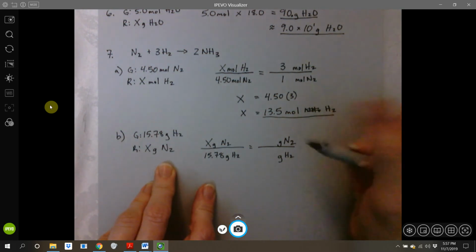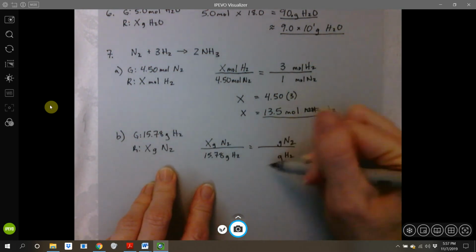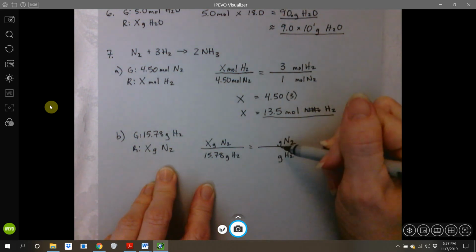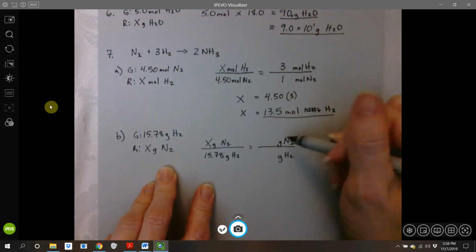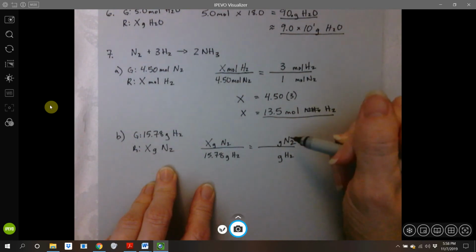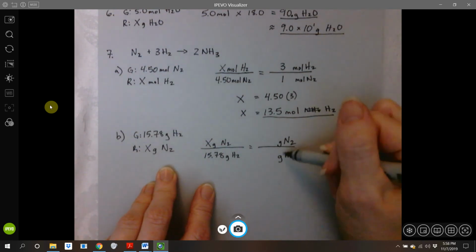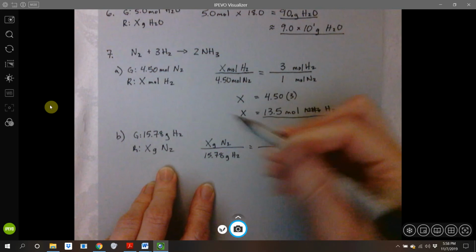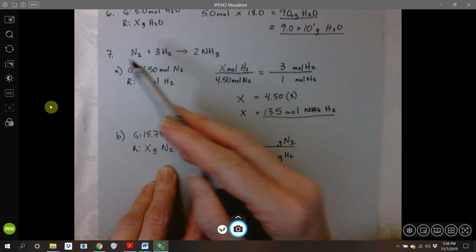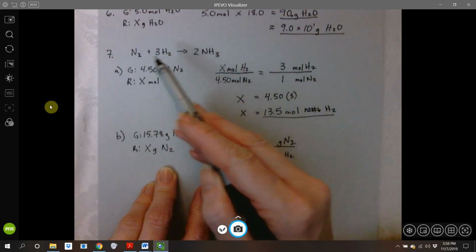Okay, so here we're going to pull these numbers from a couple of places. We want to find the molar mass of N2 and the molar mass of H2, and we're going to multiply by the number of moles we have in our equation.